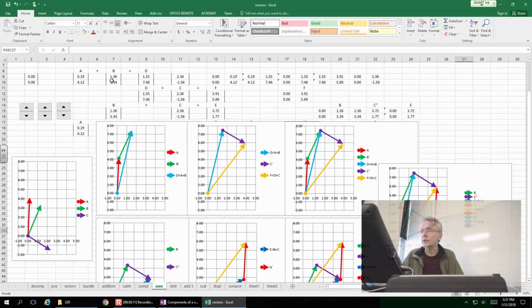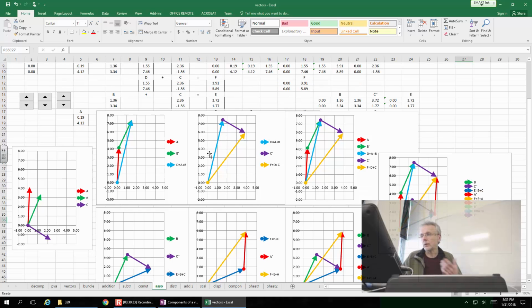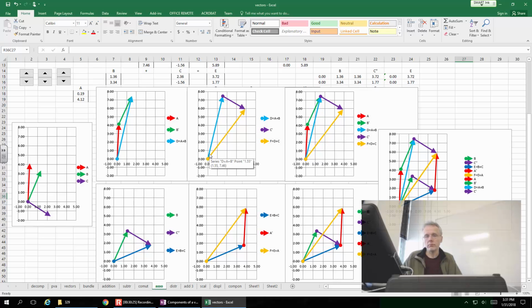The vectors are listed A, B, C, and D. So here A plus B gives me D, and then I add C, and that gives me F. Or I first do B plus C, and then I add A. The numbers are obviously just used for illustration purposes, to produce these pictures.